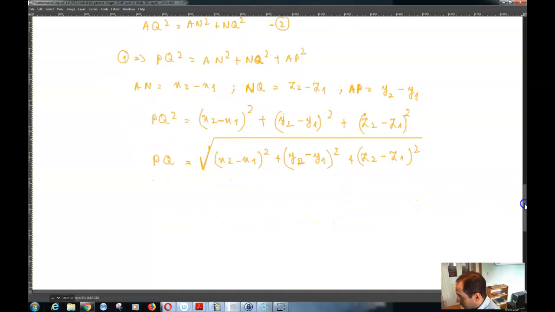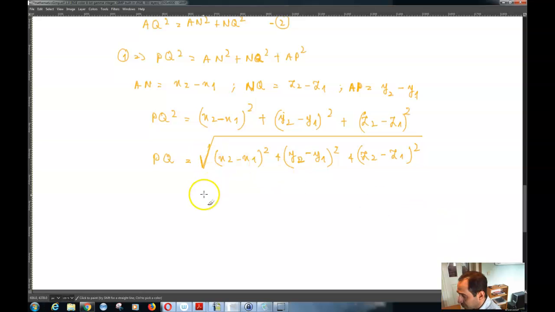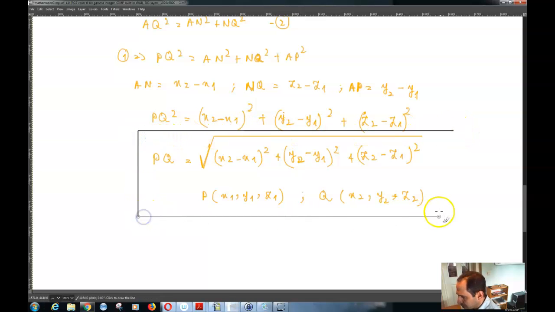So that means that if you have any 2 points, P with coordinates x1, y1, z1, and another point Q with coordinates x2, y2, z2, then the distance between these 2 points in three-dimensional space is given by this equation: the square root of x2 minus x1 whole squared plus y2 minus y1 whole squared plus z2 minus z1 whole squared.